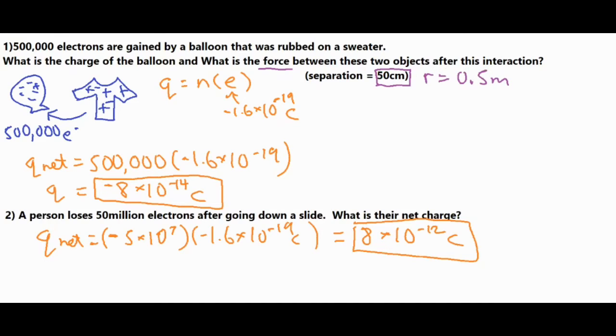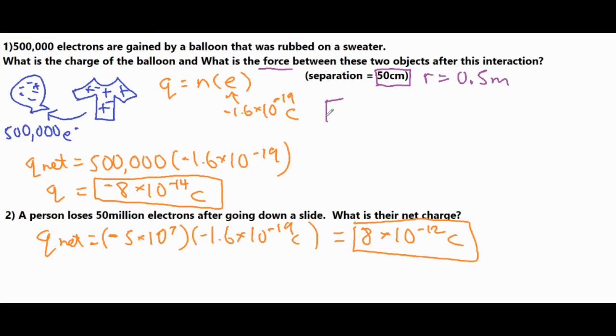We also want the Q value for the balloon and the sweater. We have the Q value of the balloon, but not for the sweater. Because of the conservation of charge, if the balloon gains 500,000 electrons, the sweater loses 500,000 electrons. So the sweater will have the same charge as the balloon, except it will be a positive number.